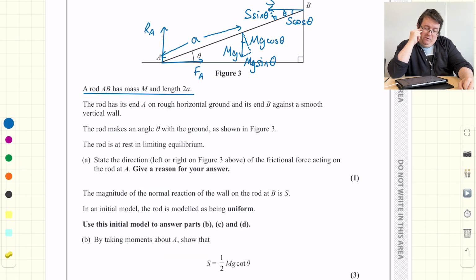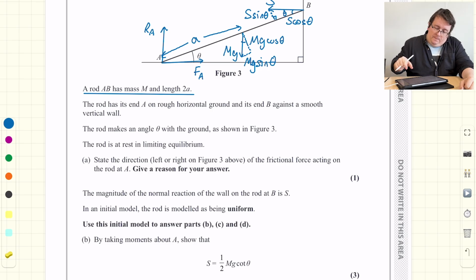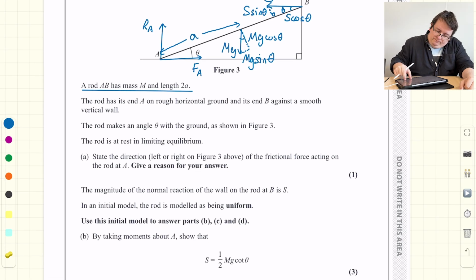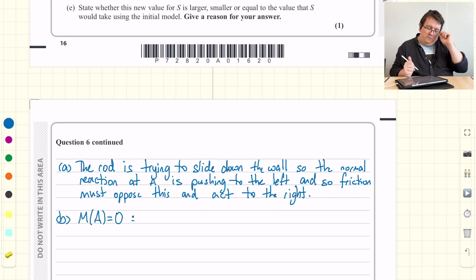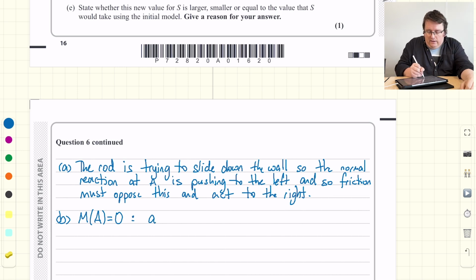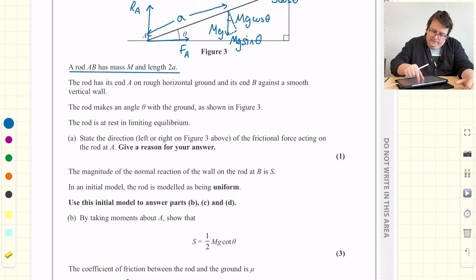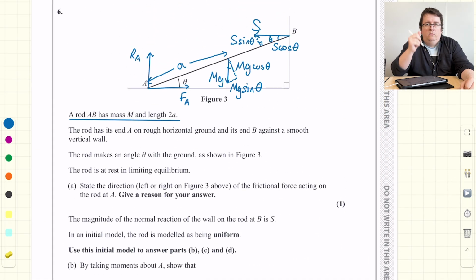Right. So we want to take moments about point A. So, taking moments about point A, total moments about A will be 0. And we are a distance away from the weight component.